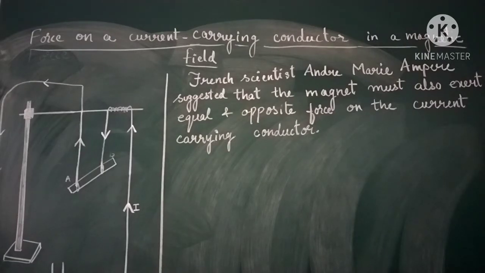Oersted concluded from his experiment that whenever current flows through a conductor, it exerts a force on the magnetic compass needle, the magnetic needle found inside the magnetic compass, because of which it got deflected from its position.